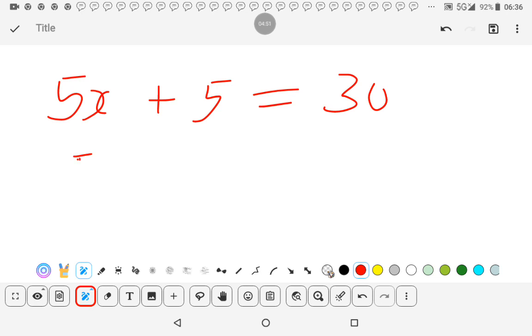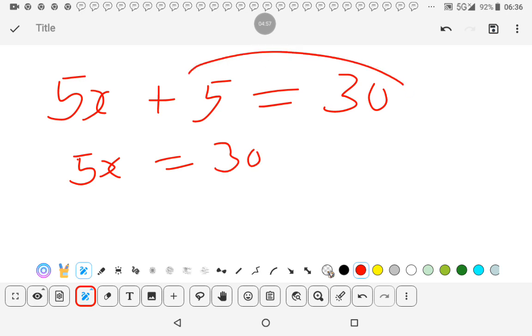So you have 5x is equal to 30. You take 5 to the other side, and you take note of the sign. It will change to minus 5. Then 5x is equal to 30 minus 5, which will give you 25.